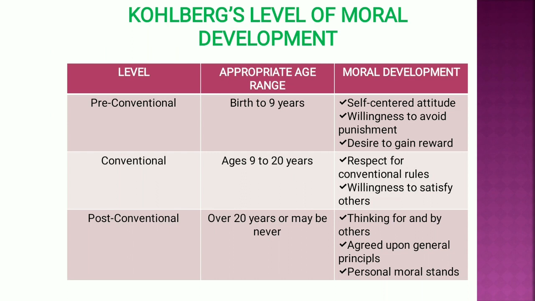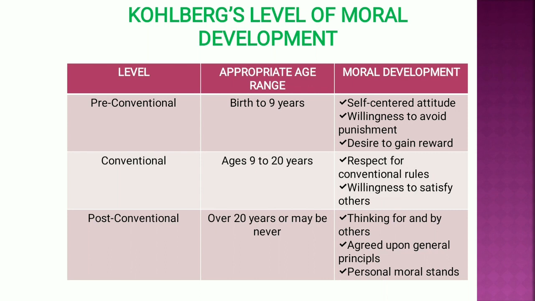Next comes Kohlberg's levels of moral development. What moral development do we achieve at each of these levels? The pre-conventional level covers ages from birth to 9 years. The moral development at this level is a self-centered attitude.